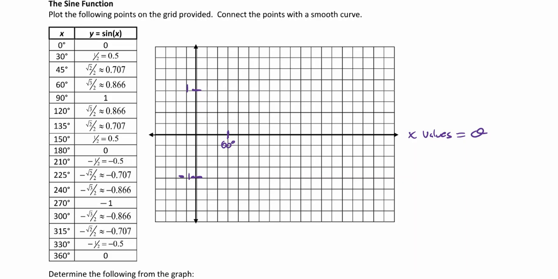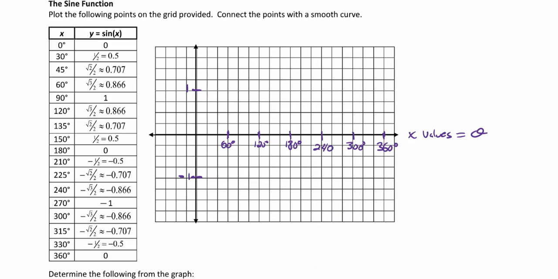Okay, so 60 degrees, and that'd be 120, and that would be 180, and then 240, and then 300, and then 360, right? So all the way around the circle. So yeah, we're doing it in degrees right now, but we could do it in radians as well, and we'll do that for the cosine function on the bottom one.